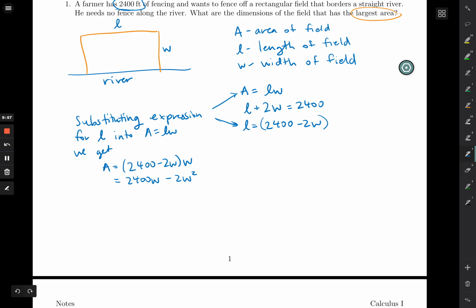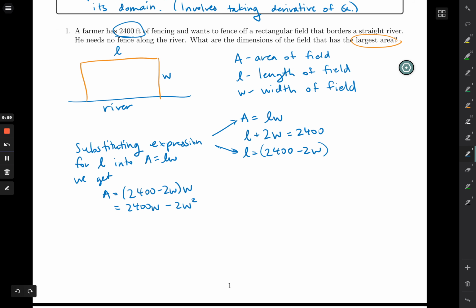So for example, a width describing the width of a rectangle cannot be less than 0, right? So one restraint that we have on W is that it has to be greater than or equal to 0. The other restraint on W is that we only have 2,400 feet of fencing.